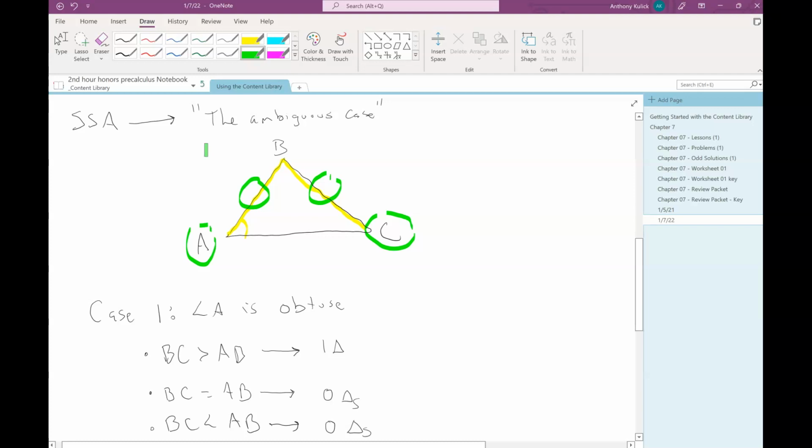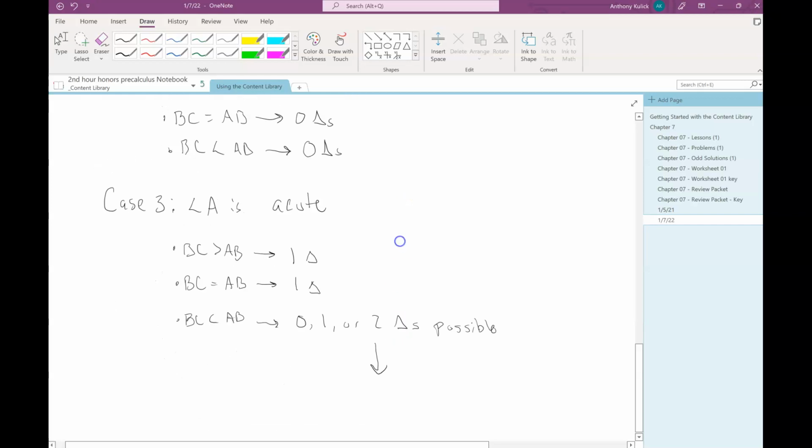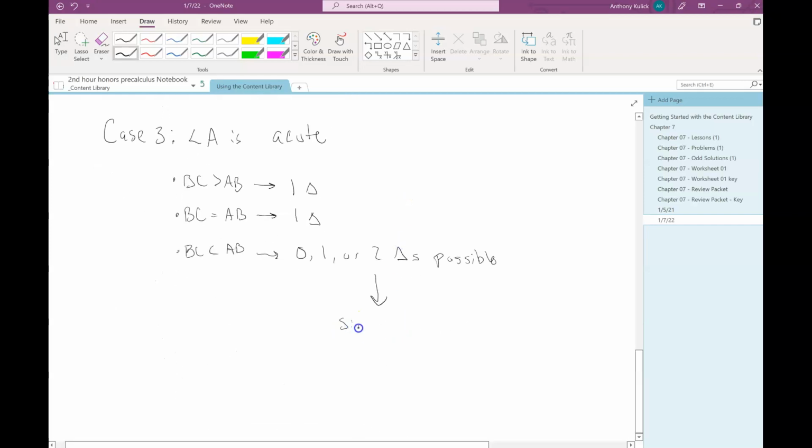Everybody agree that that's how I would set up my law of sines for the way we've named things here? And angle C is the piece we don't know currently. Everybody agree with that? Okay.